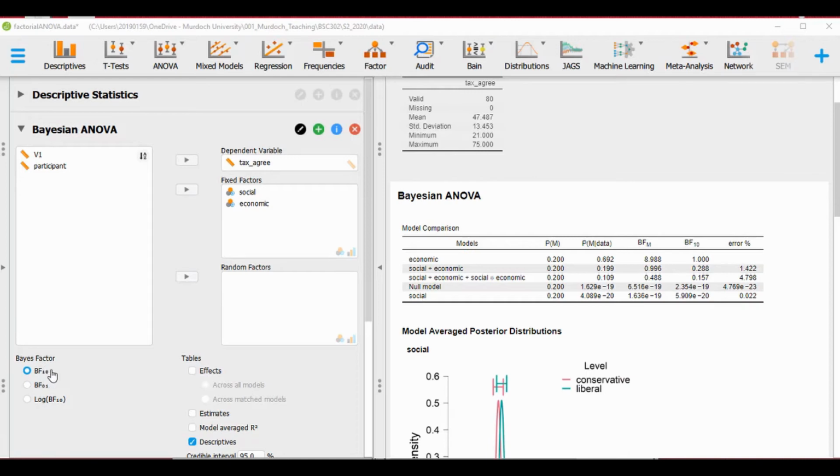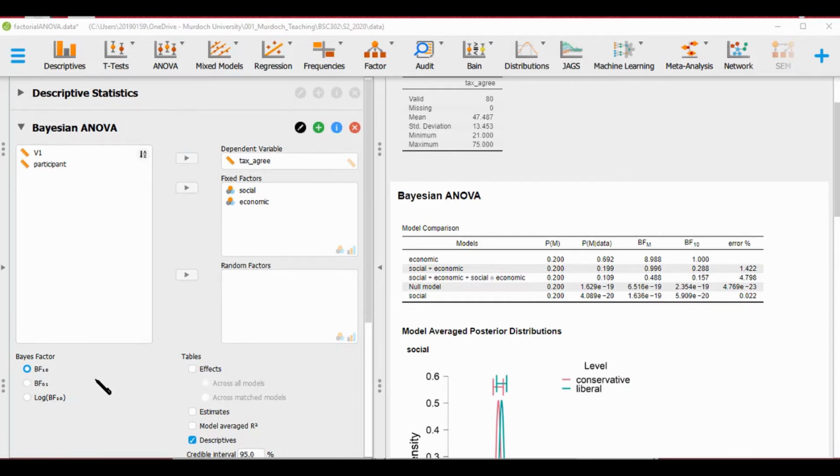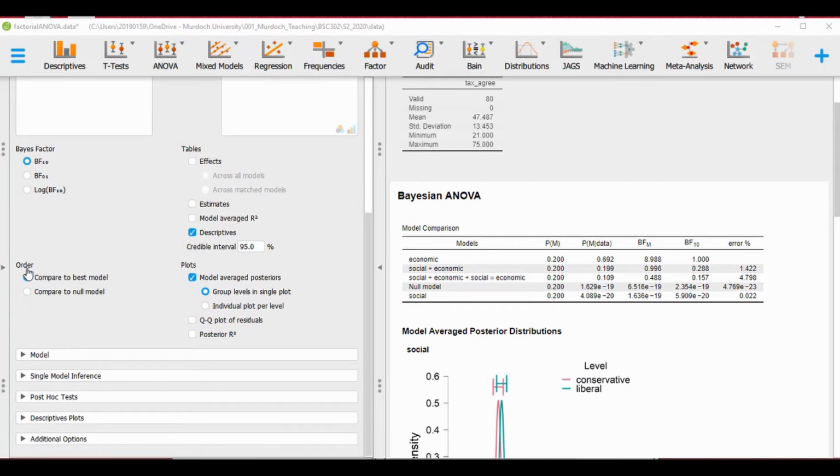That's one possibility, but actually it's not what's happening now. I need to explain this. In this order, we have to decide whether to compare to the best model or compare to the null model.